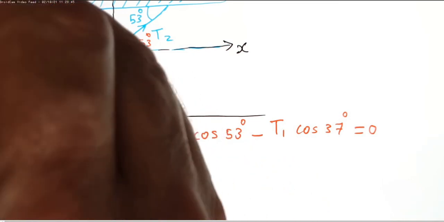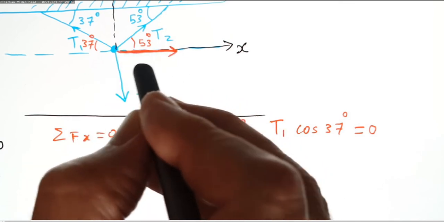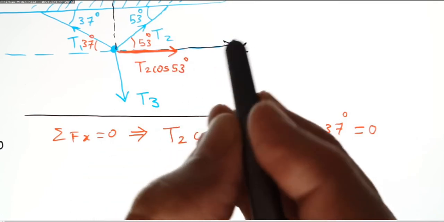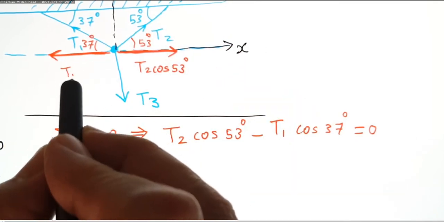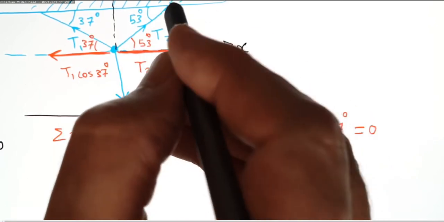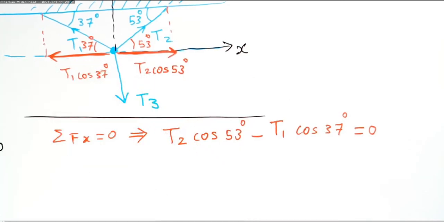So in the x-axis, this is our T2 cosine 53, and this is our T1 cosine 37. Any question? So this is our equation 1.